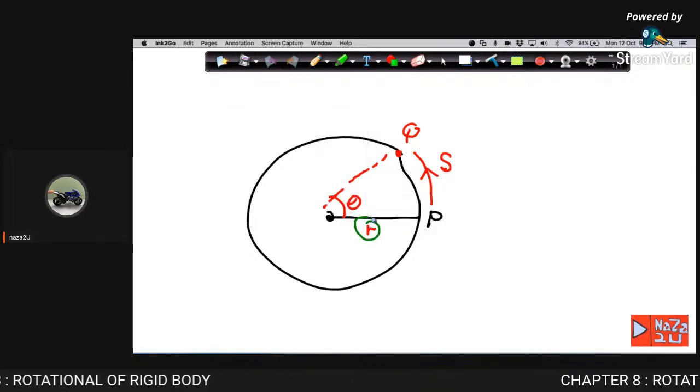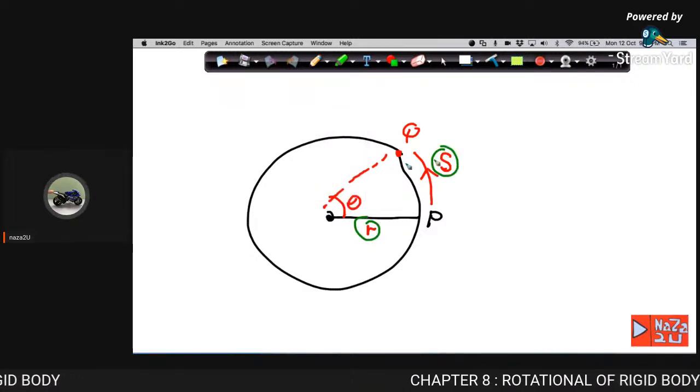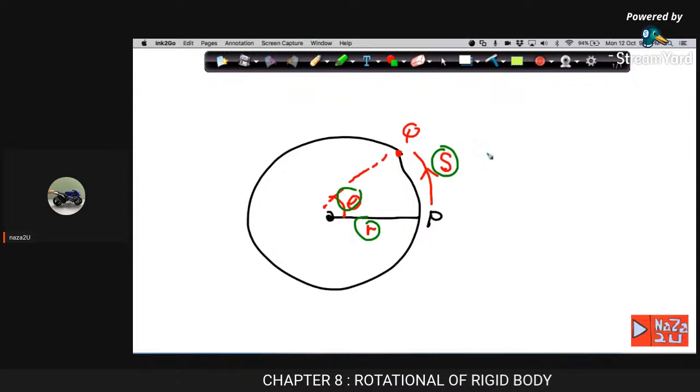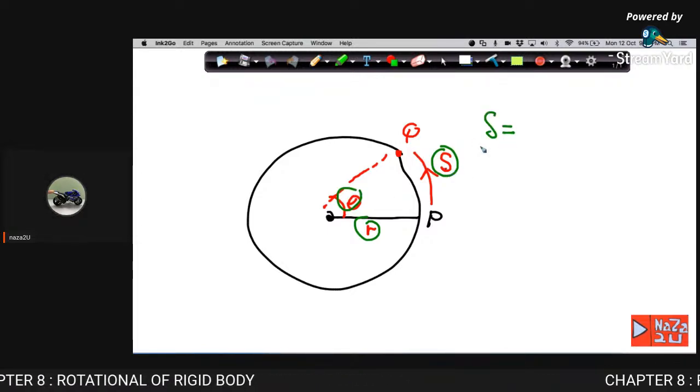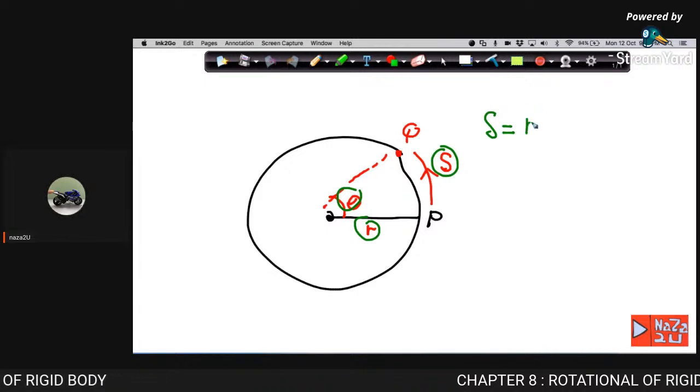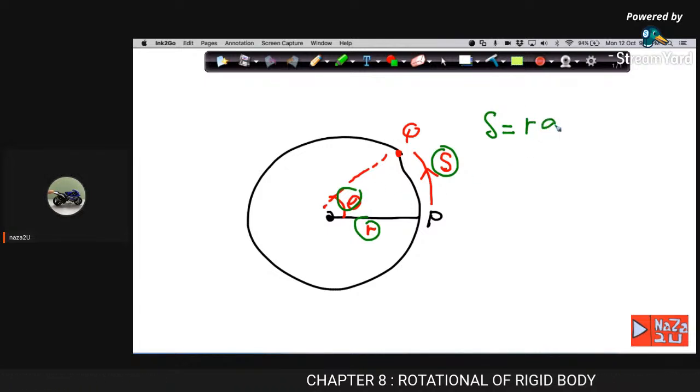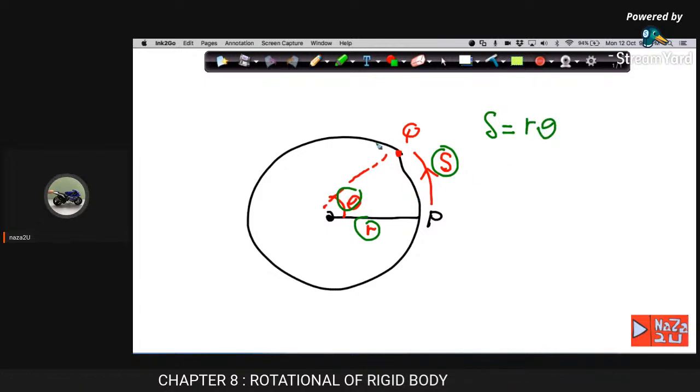So we have the radius, the arc displacement, and theta. The arc distance S is equal to radius times theta, S is equal to r theta.